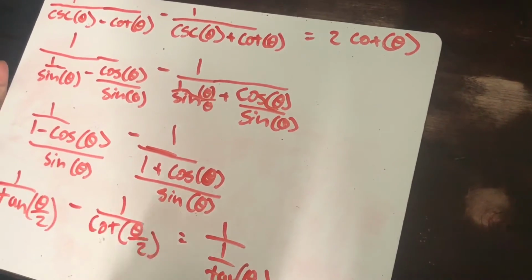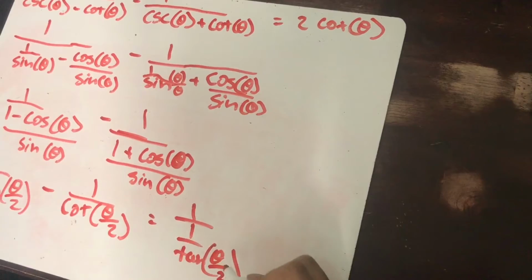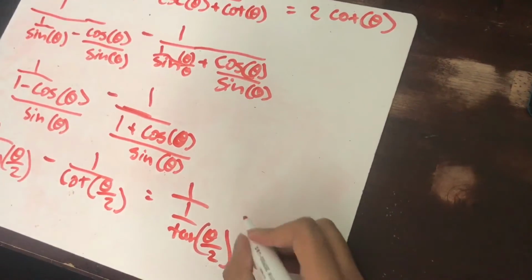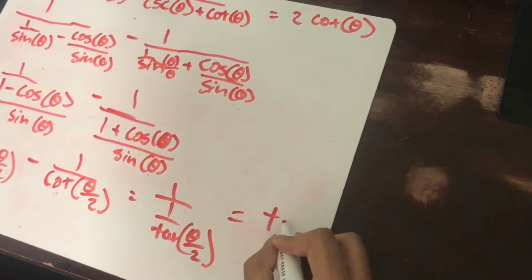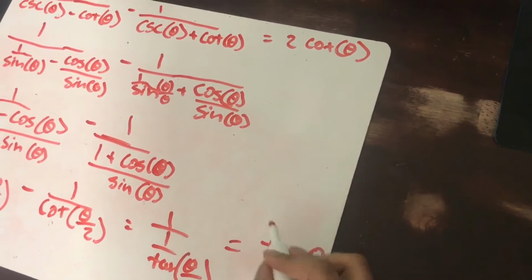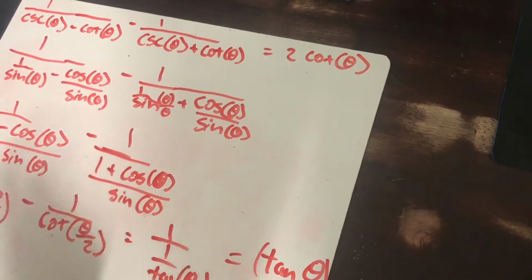And it's going to be the same thing over here. And now we're going to flip this, basically simplify this complex fraction, and it's going to get us tangent of theta over 2.